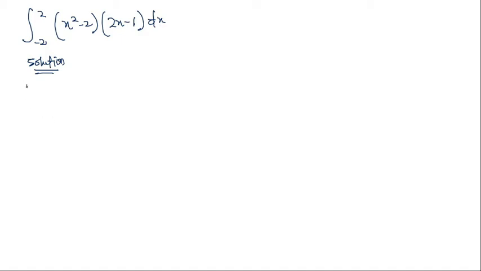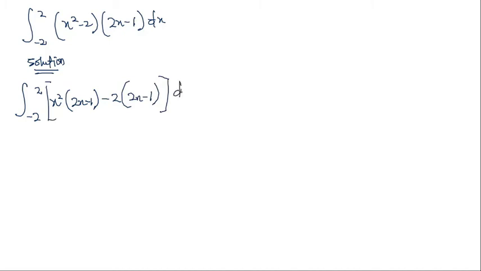So it means this will be the integration from -2 to 2. Then I use x squared to multiply everything, so I'm going to have x squared multiplied by 2x minus 1. Then minus the -2 over here, then 2x minus 1, dx. So it is the integral from -2 to 2.